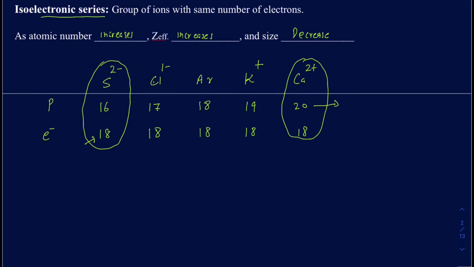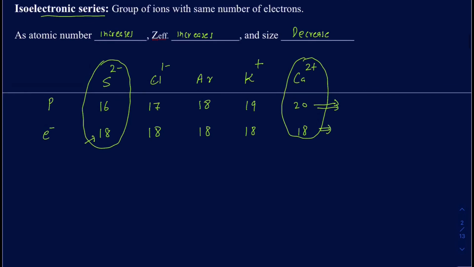And obviously you can also look at it logically: who's going to control the electrons outside the nucleus better, 20 protons controlling 18 electrons or 16 protons controlling 18 electrons? So we've got 20 protons controlling 18 electrons in the case of calcium 2 plus, and we've got 16 protons controlling 18 electrons in the case of sulfide.